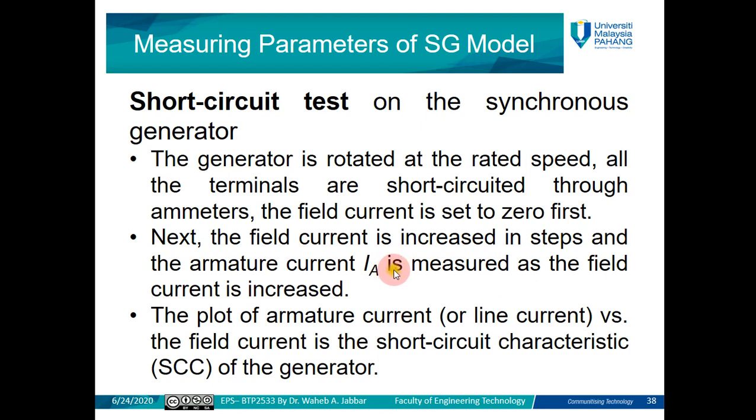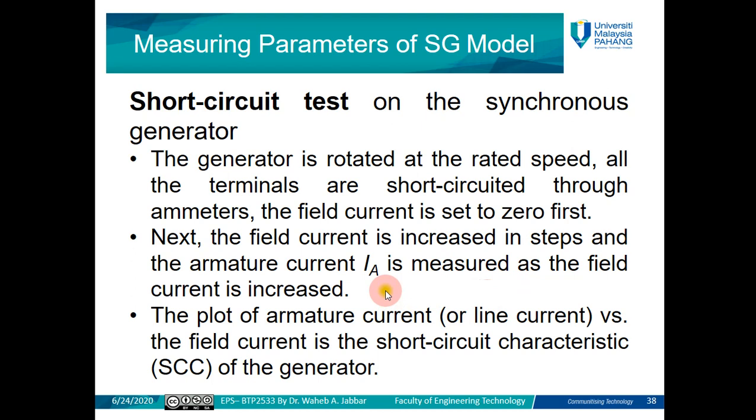Why do we have armature current here? Because the terminals of the armature will be short circuited, so we have a current which flows through the short circuit of the armature terminal.